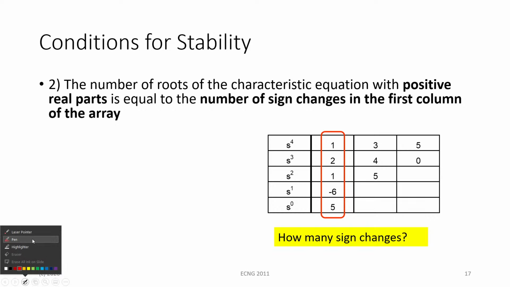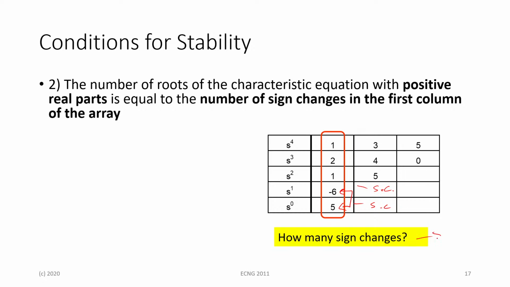However, when we go from here to here, meaning S squared and S1, there is a sign change. I'm just going to call that SC for the time being. And when we jump from -6 to positive 5 here, we also have another sign change, from negative to positive.